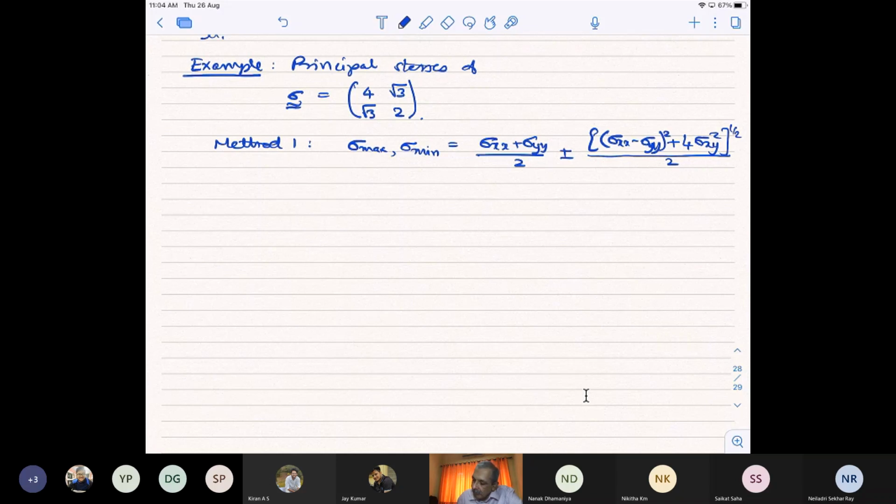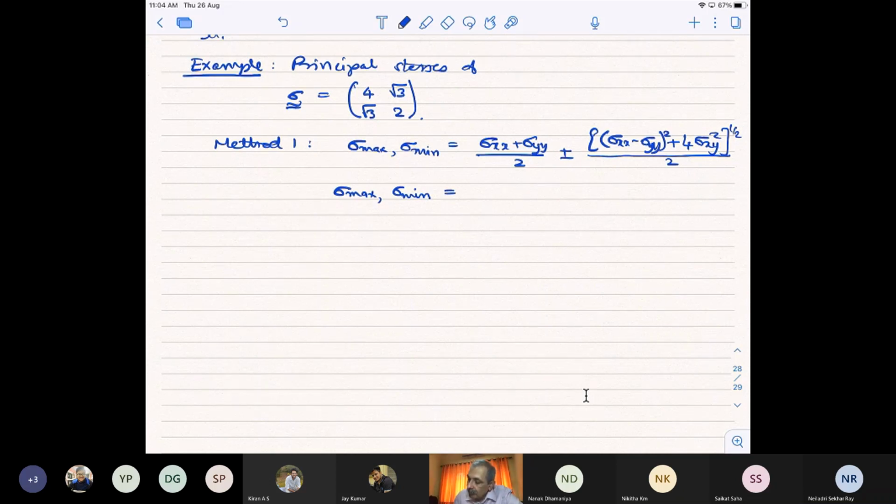So this is method 1, and if I substitute, 4 plus 2, 6 divided by 2, so this is equal to, so I'll do sigma max and sigma min. So minus sign is for sigma min and plus sign is for sigma max.